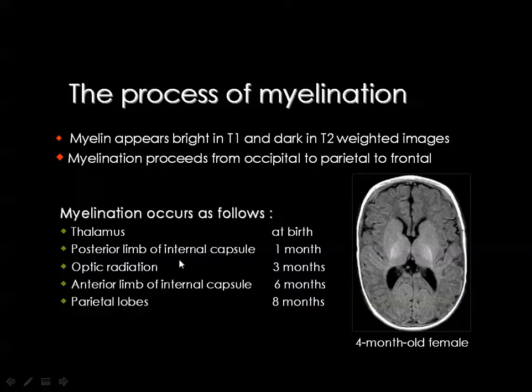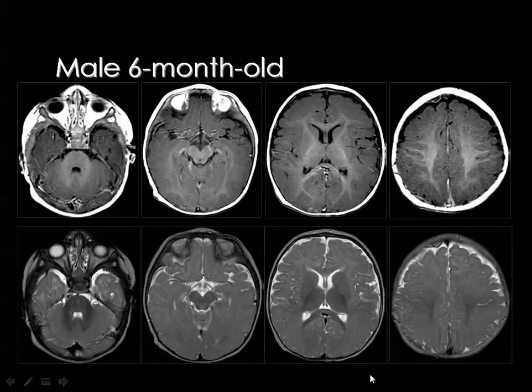the opposite of the fluid. The posterior limb of the internal capsule is myelinated by 1 month, the optic radiation by 3 months, the anterior limb of the internal capsule by 6 months, and the parietal lobes by 8 months. And this is a 6 months old child, and you see this is T1 and this is T2.